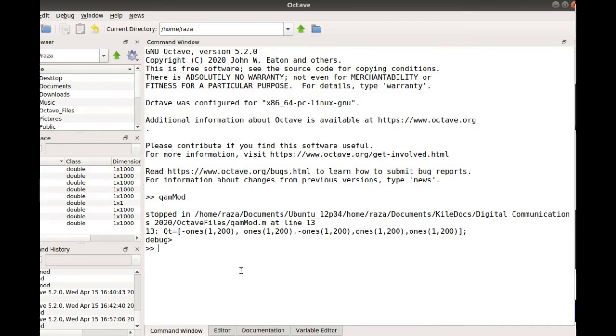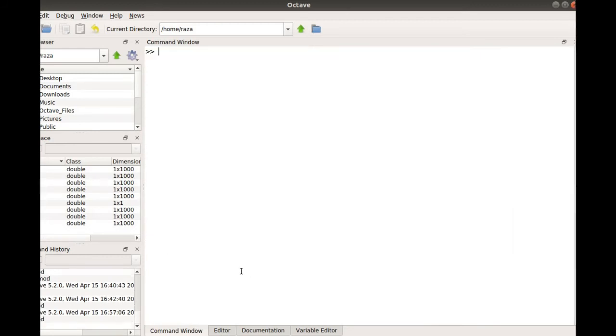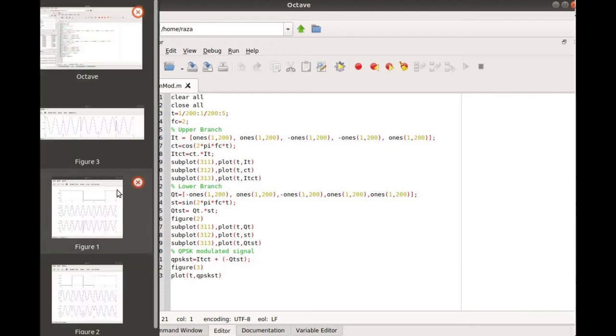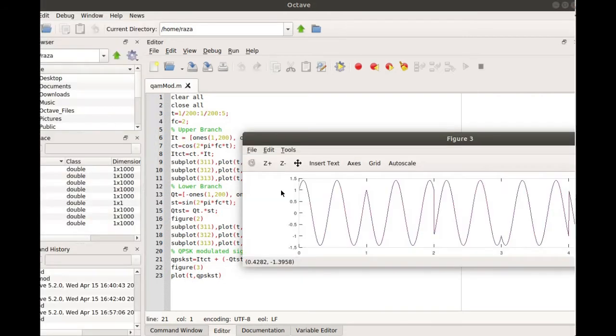So let me take only the first symbol, and I would say my first symbol is just from a time interval, the first 200 samples, right? The first 200 samples of my signal, because we have taken 200 samples in this 0 to 1.